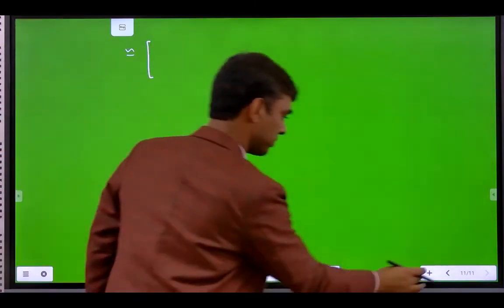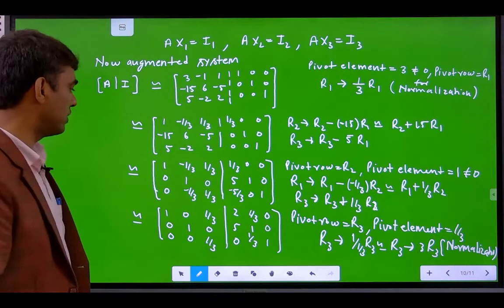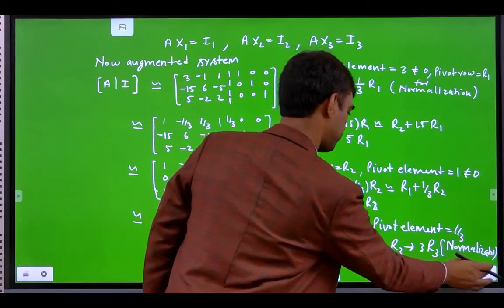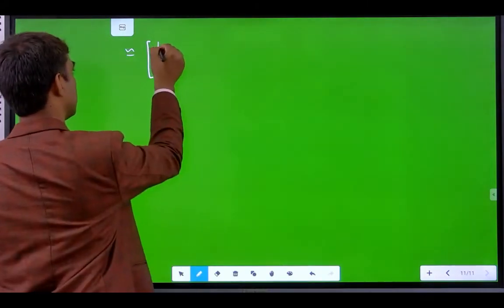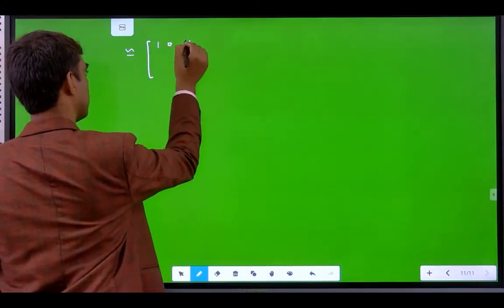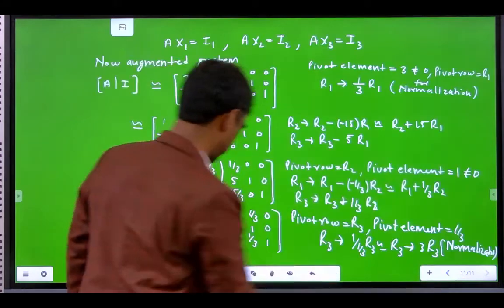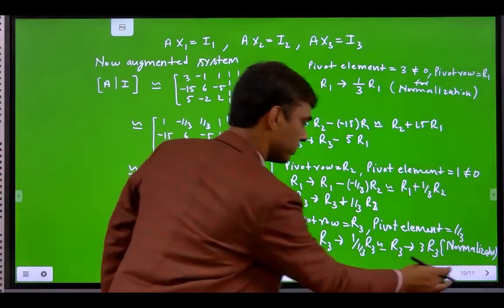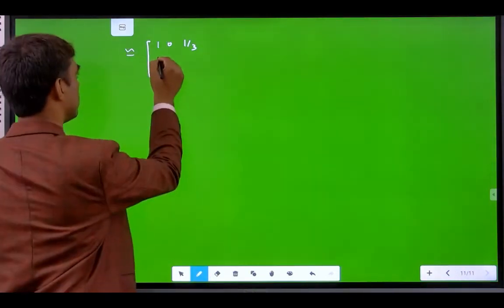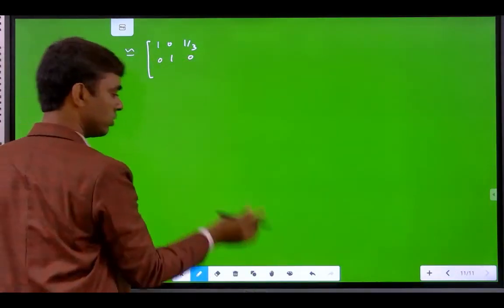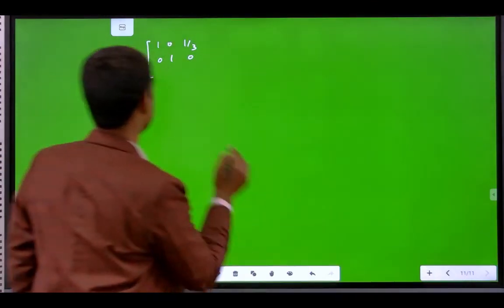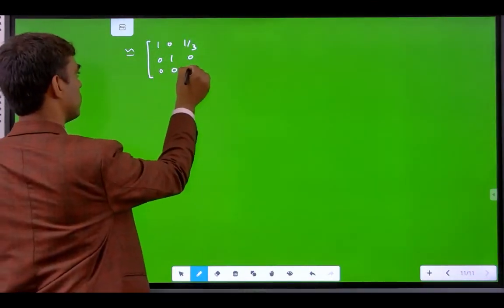This value becomes 1 by 3. The second row becomes 0 1 0. The third row becomes 0 0 1 by 3.